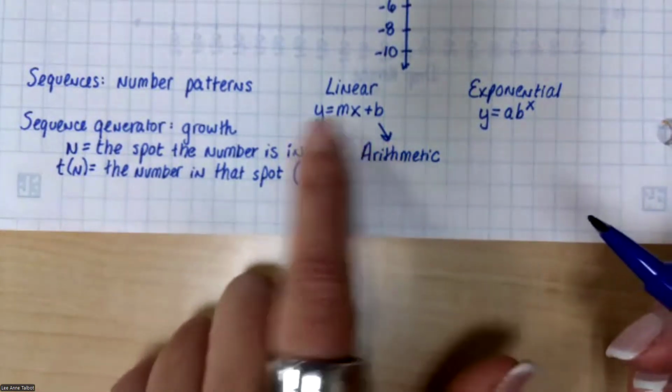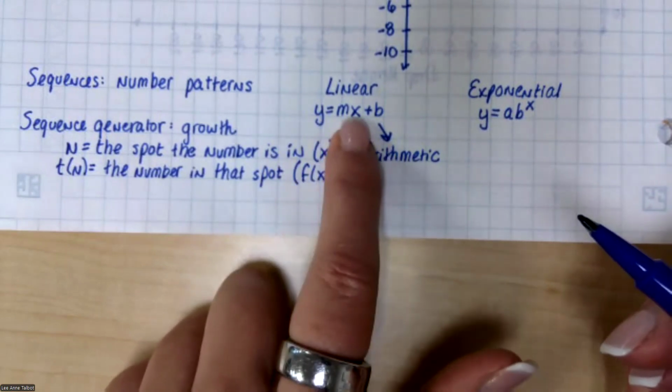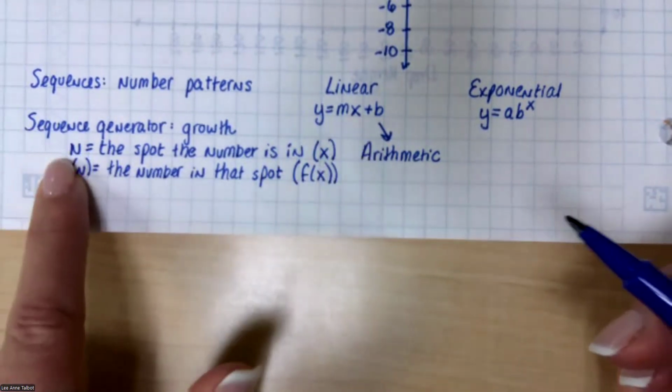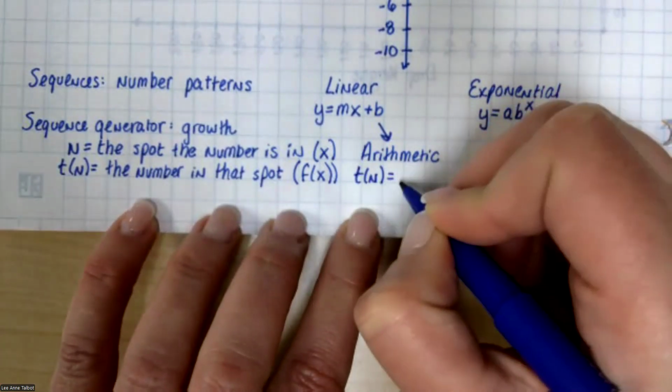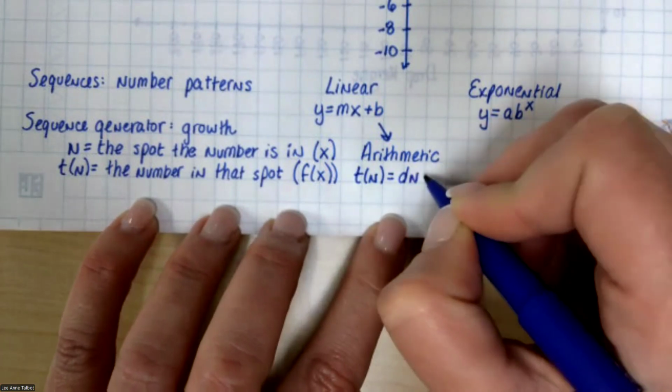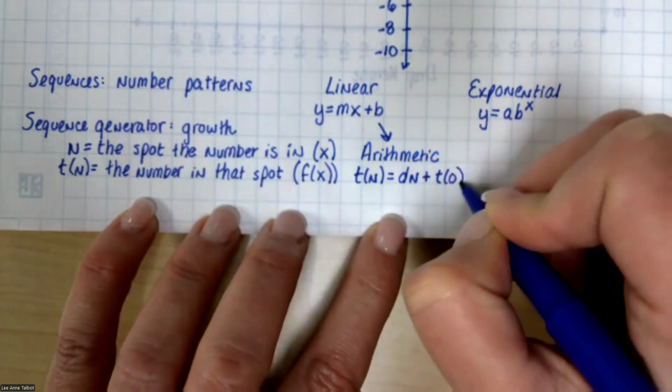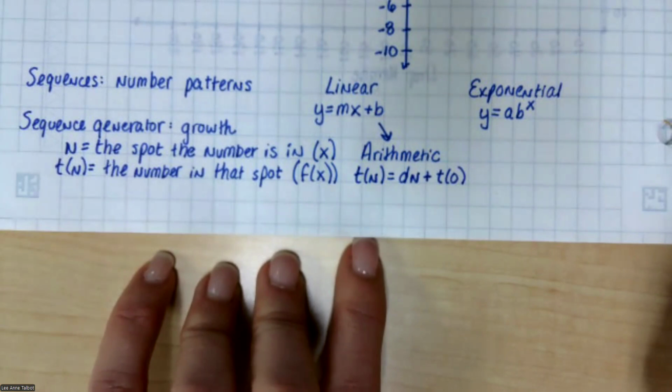Okay, now what we're gonna do is take this and change it to look like this. So T of n equals D n plus T0.